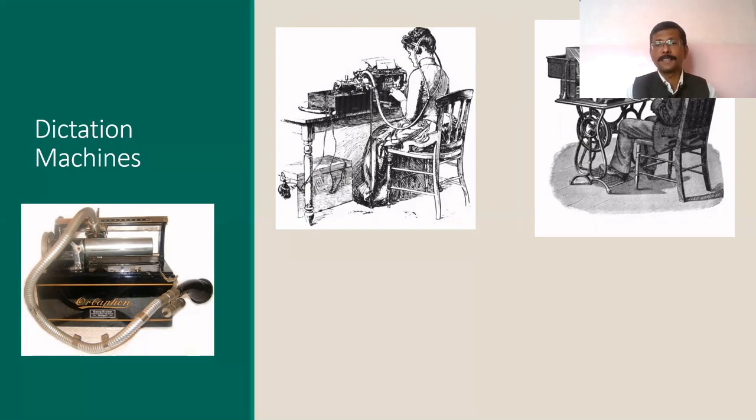The boss would dictate letters, orders, and whatever he wants to communicate to other people. This person would take the notations in shorthand, and then sit at his table and type that in a proper template.